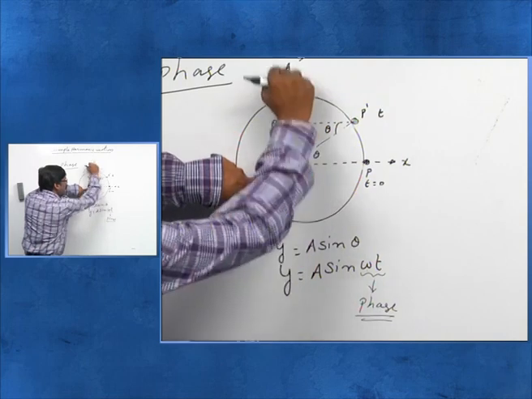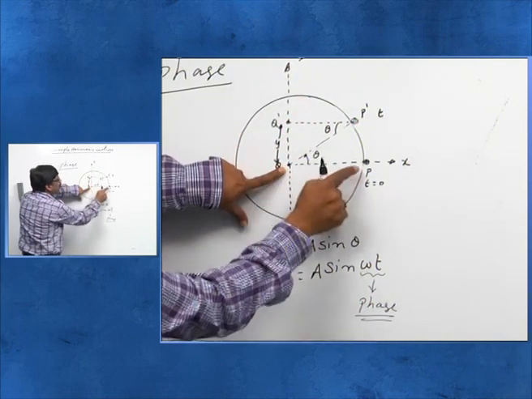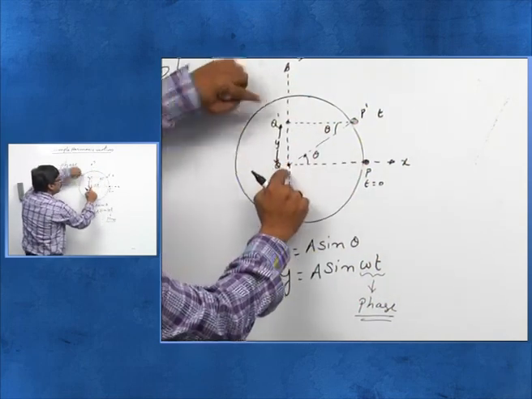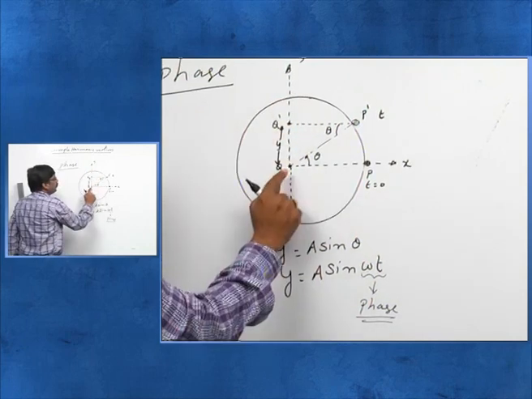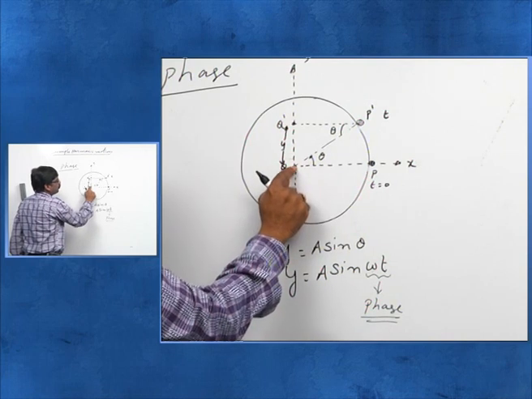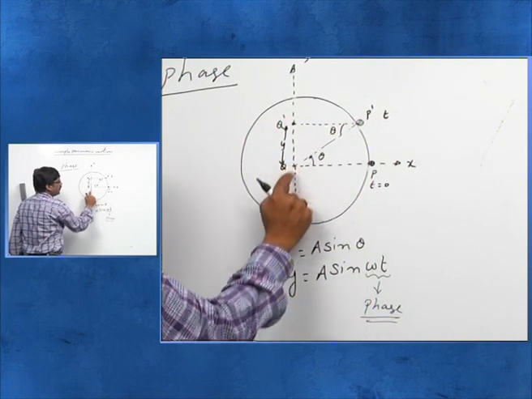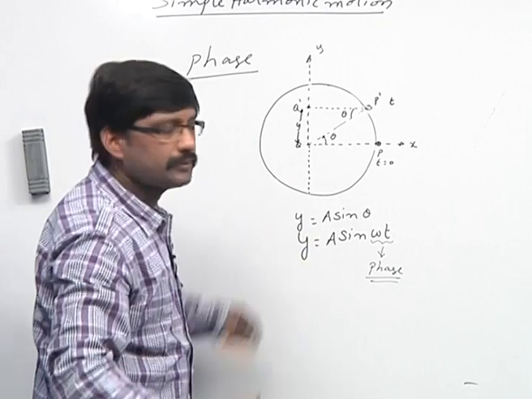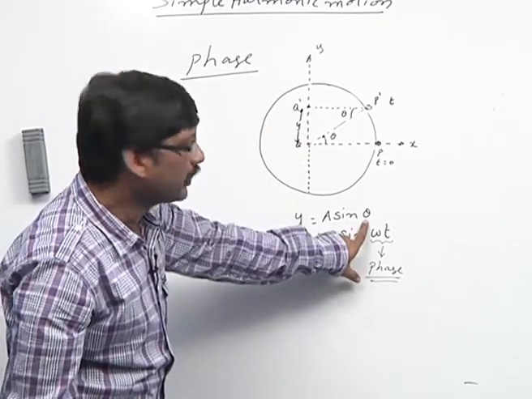As it moves along the y-axis, when P is here, Q is also here, and the phase of this point is 90. So 0, 90, 180, 270, 360 are the values of this theta.